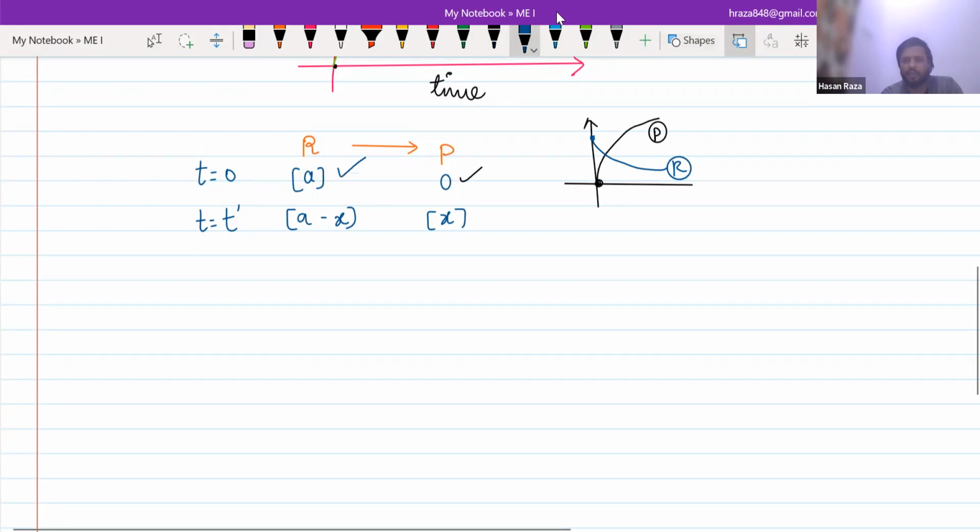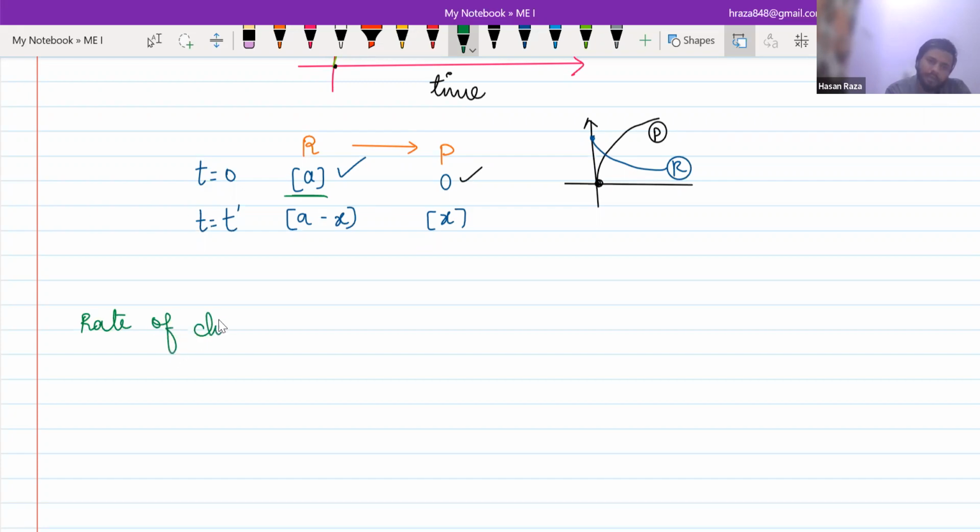Now there is a term that we use here, that is the rate of disappearance. What does disappear mean? With time the concentration of reactant decreases or starts disappearing, so we use this disappearance term for reactant. So I'm going to write here rate of disappearance.